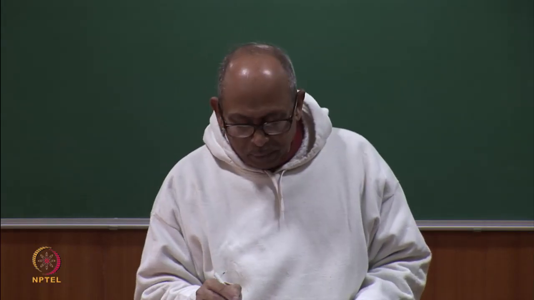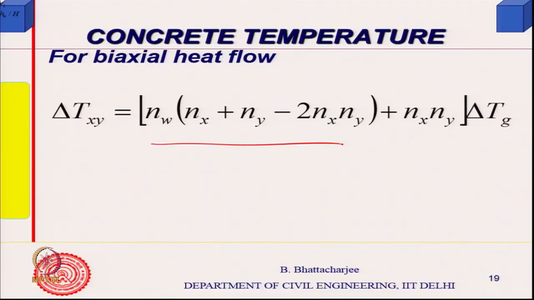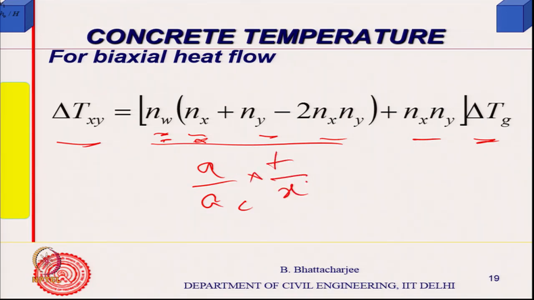For biaxial, the formula is somewhat modified; the one above was for a slab, and this is for a column or a beam in a biaxial scenario. Nw remains the same, delta Tg remains the same, and the Nx and Ny formulas get modified. What is Nx? Same, A by Ac into t by x square.